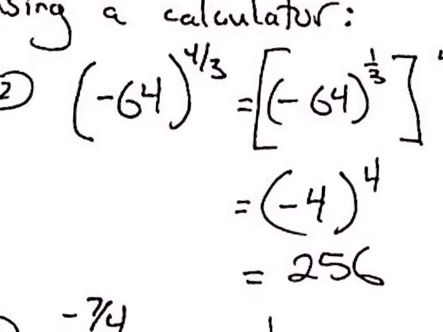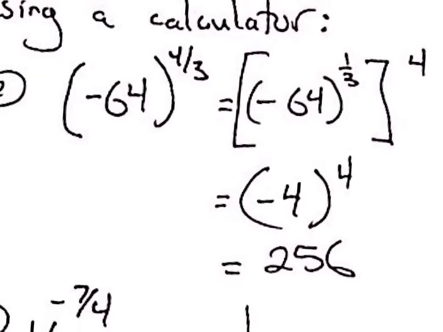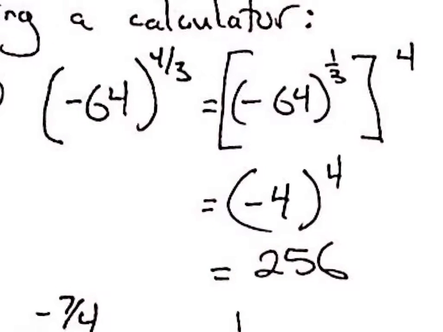Number 2, we have negative 64 to the 4 thirds. Because we have a negative base, the odd and even roots and exponents are coming into play. Odd number meaning 3, even number meaning 4. So we have negative 64 to the 1 third. Notice how I put this in parentheses. It is the negative 64 to the 1 third.